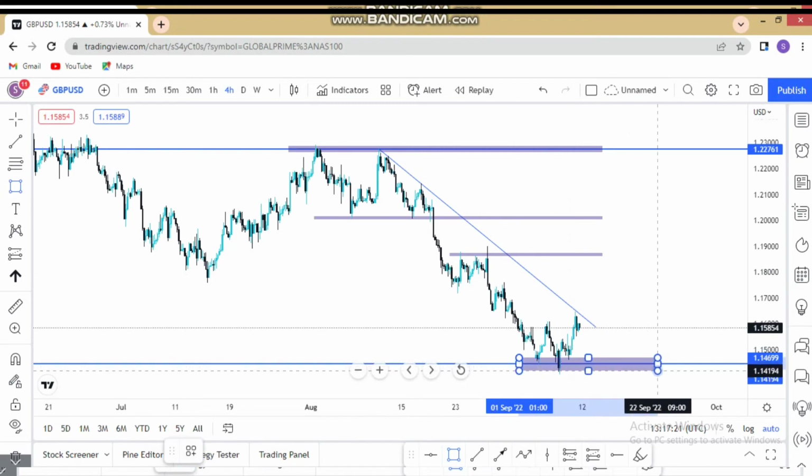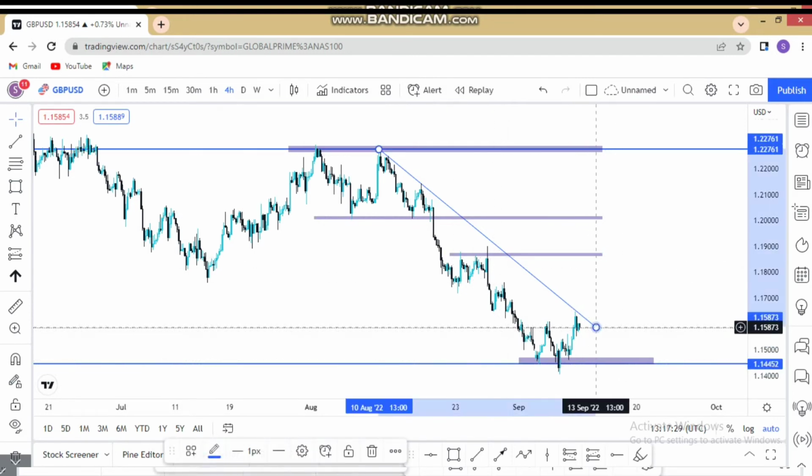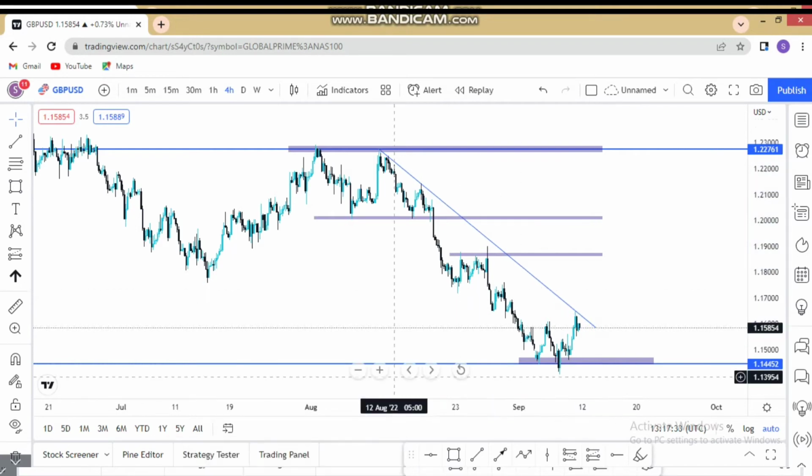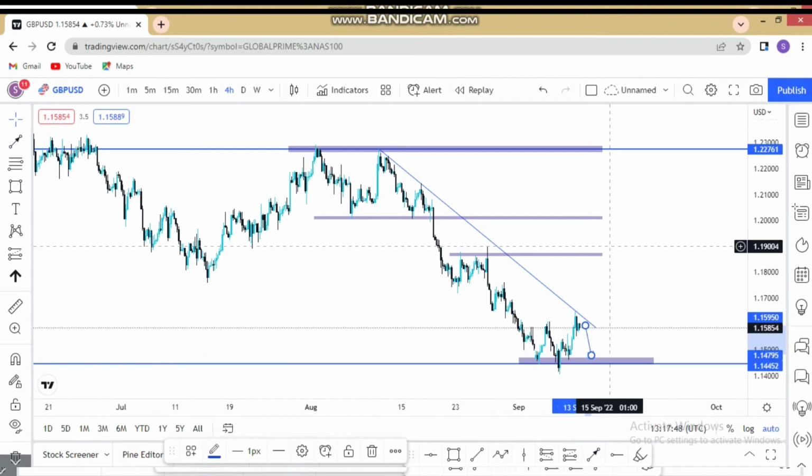So even here, GBPUSD, from the point where it is right now, you can see it's just on the trend line. So also from this pair, you can just expect the market to give us just a little bit of a sell here and go up.